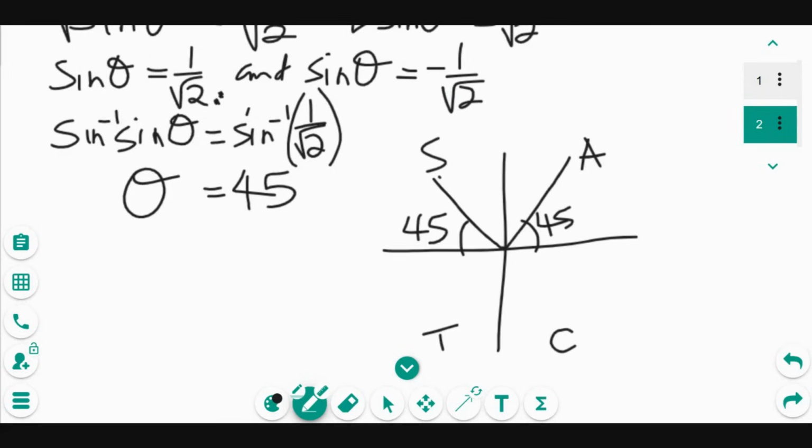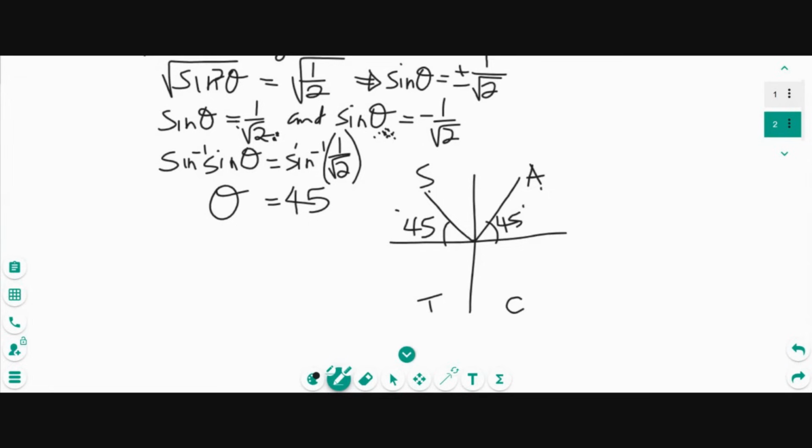Now, when I look at this second one, sine theta is negative 1 over root 2. They're telling me that I should also represent the angles in the quadrants where sine is negative. These first two are representing where sine is positive. That's our first one, sine theta is 1 over root 2. Now, I also have to represent where sine theta is negative 1 over root 2.